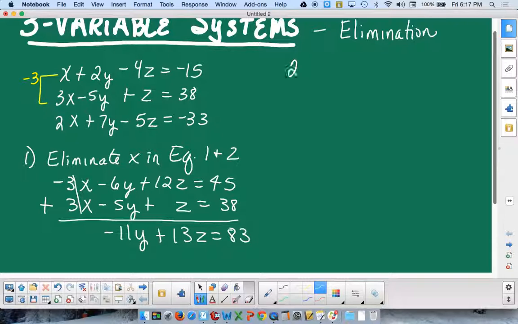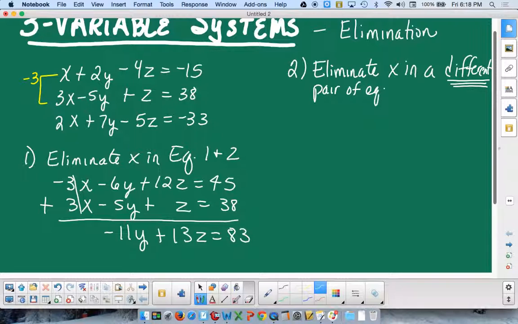So in step 2 here, we are going to eliminate x in a different pair of equations. Key thing, it must be a different pair. In this case, I'm going to do equations 1 and 3 this time, since that looks pretty easy.